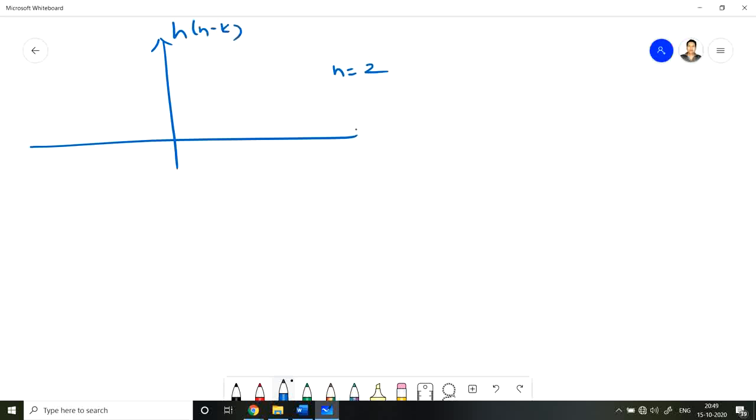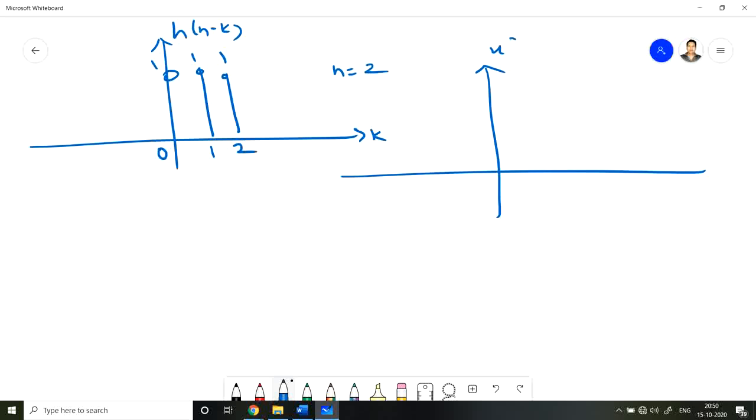Now let us consider n equals 2. The graph of h[n minus k] is like this, with 1 1 1 at 0, 1 and 2, and the product has three overlapping points at k equals 0, 1 and 2. The values are 1 1 1.